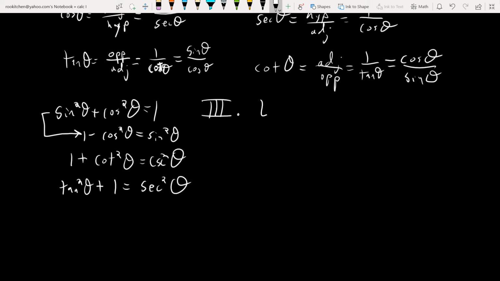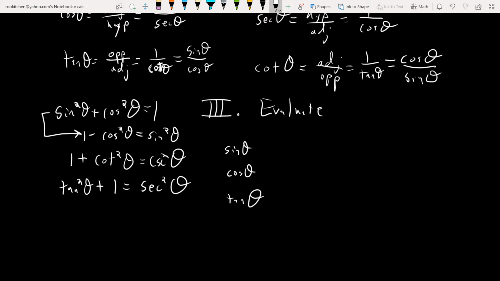Reference angles and evaluating. You can evaluate pretty much any angle that you want by using the reference angles and knowing the signs of the appropriate trig functions in the particular quadrants. So the reference angles, first off, we'll do a chart.